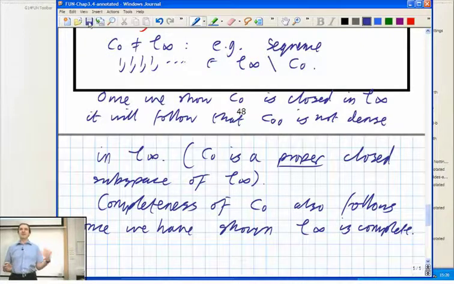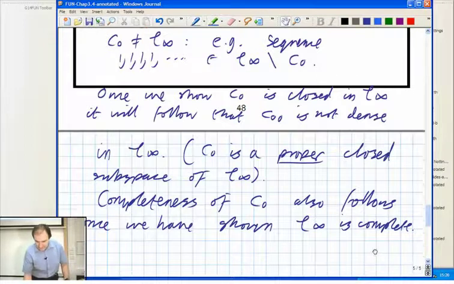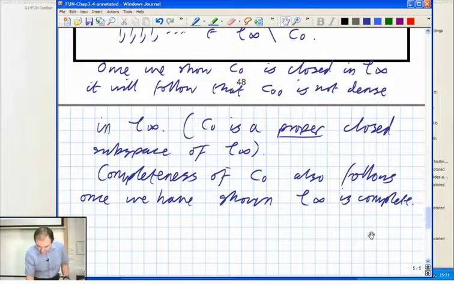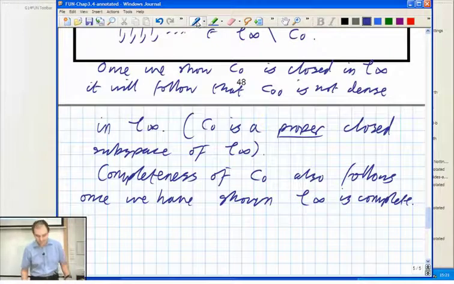And then C0 is a closed subspace of L infinity, so it'll be closed when you restrict the norm, but the norm on C0 is the restriction of the norm from L infinity. It's just a sup norm again, norm infinity. So that will do some of it. So let me prove for you that little L infinity is complete.